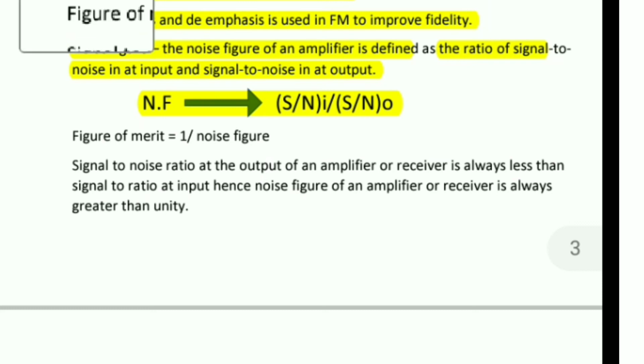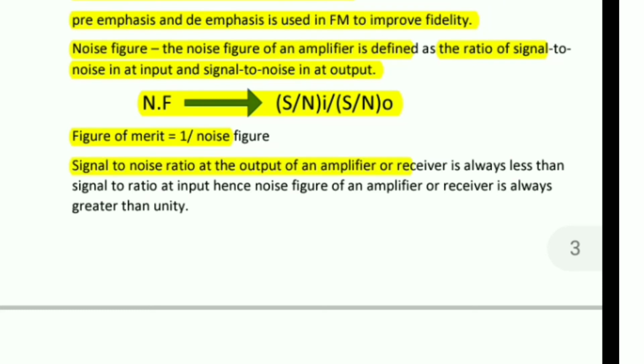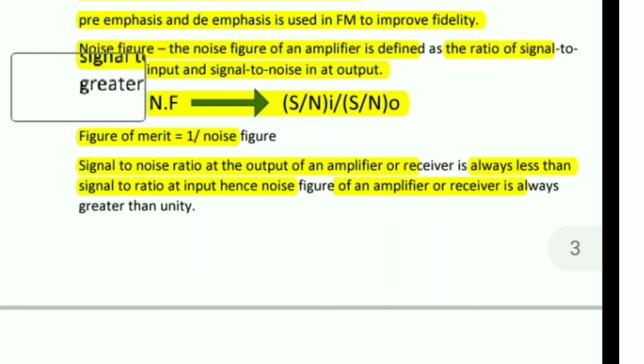Figure of merit is defined as 1 upon noise figure. Signal to noise ratio at the output of an amplifier or receiver is always less than the signal to noise ratio at input, hence the noise figure of an amplifier or receiver is always greater than unity.